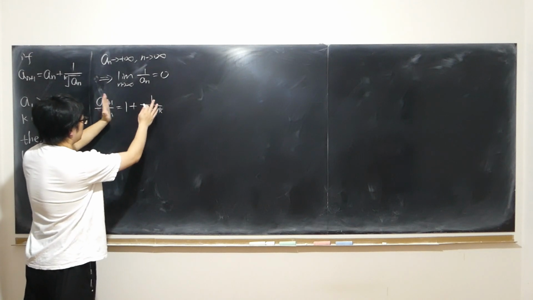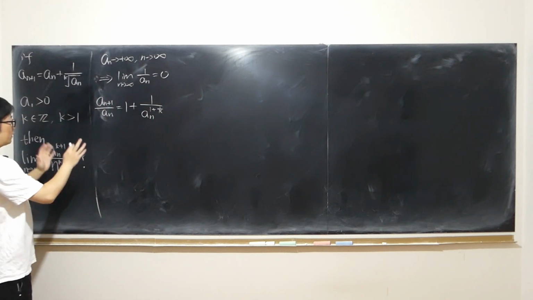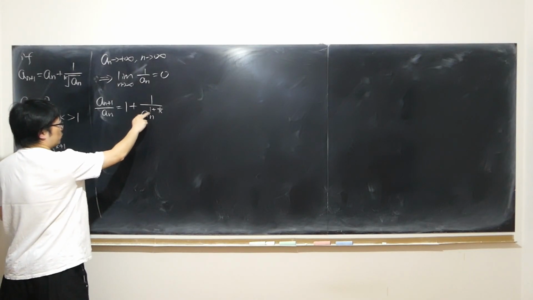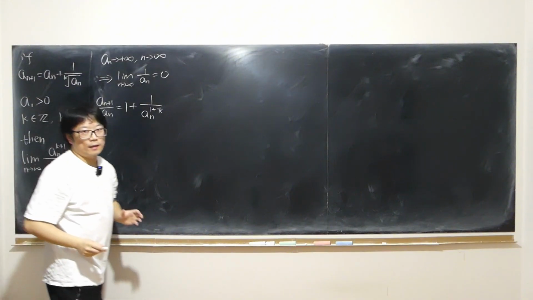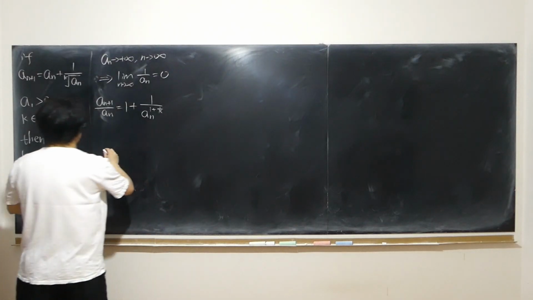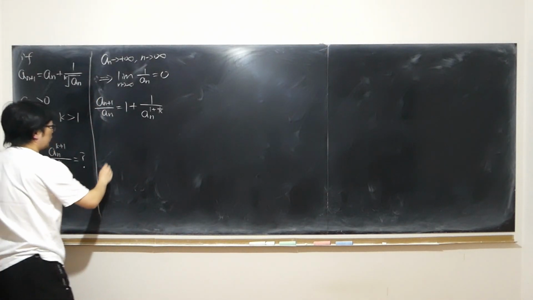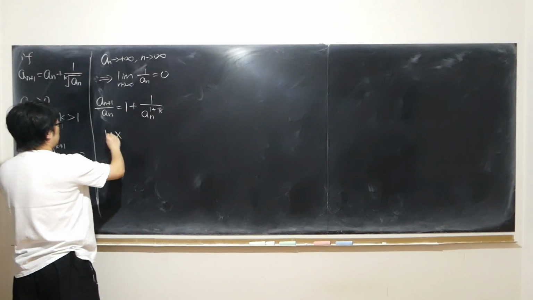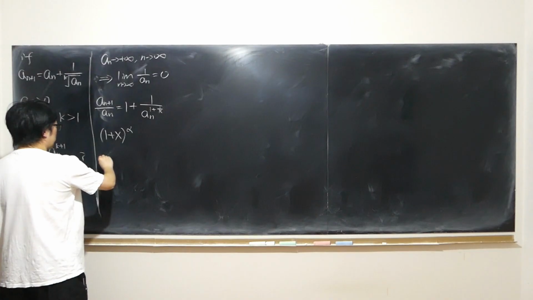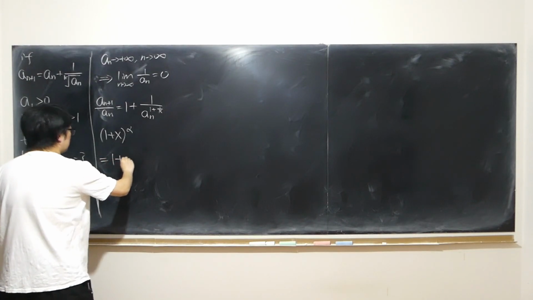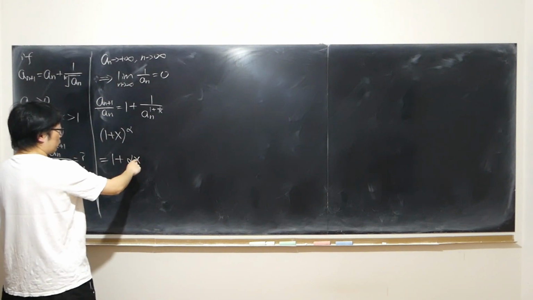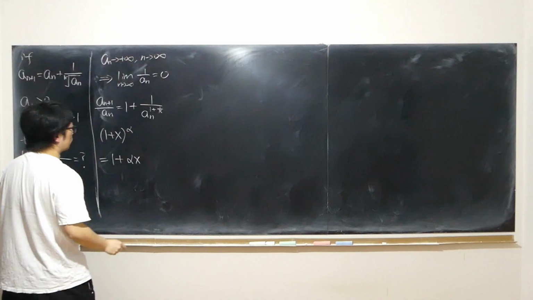But the question is, if we can determine this raised to the power of 1 plus 1 over k. And use Taylor expansion here, because for (1 plus x) to the power of alpha, when x is near 0, we always have 1 plus alpha times x plus alpha times (alpha minus 1) over 2 times x squared, and so on and so forth.